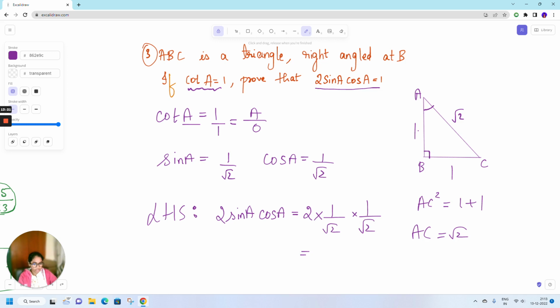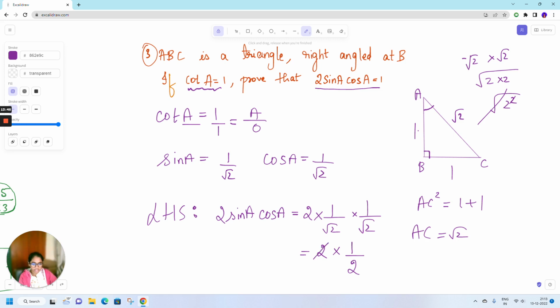So what is root 2 into root 2? That would be root 2 into 2, or you can write it as 2 squared. The square and the root get cancelled. So you would get 1 divided by root 2 into root 2, which is 2.